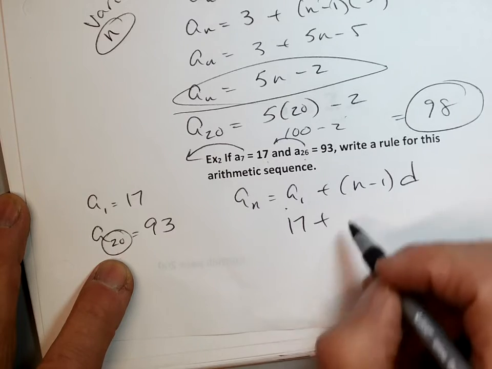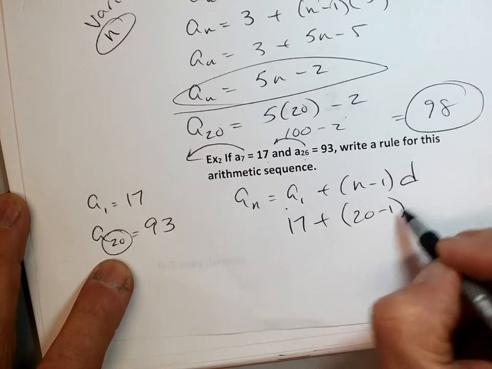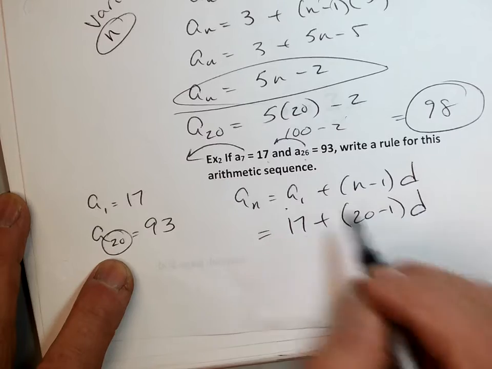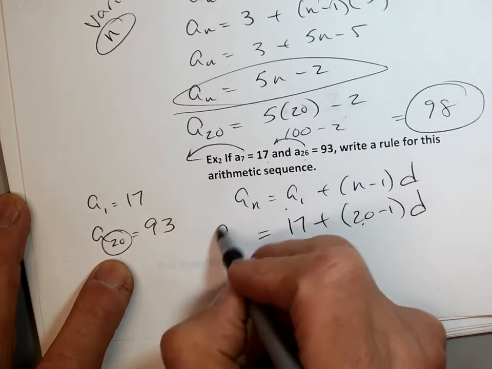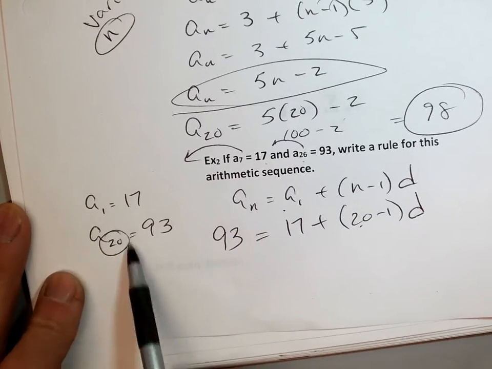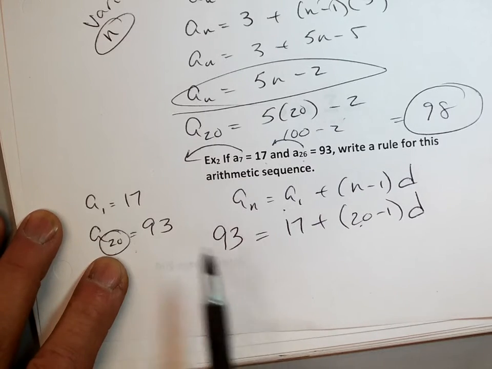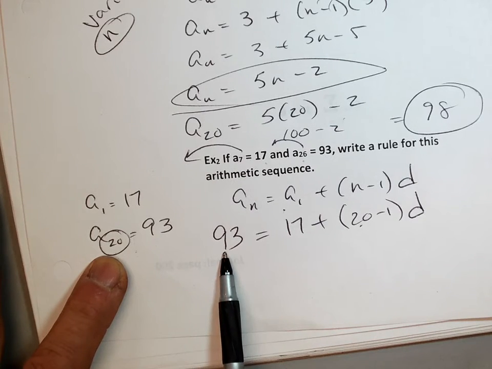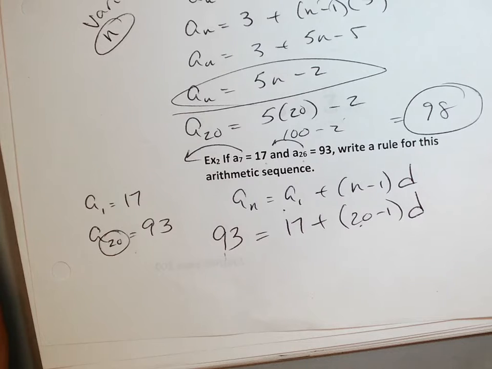So my 20 minus 1, and I don't know the difference, but I do know when I plug in 20, I'm going to make 93. I know the 20th term is 93. Now I can solve for d, can't I?